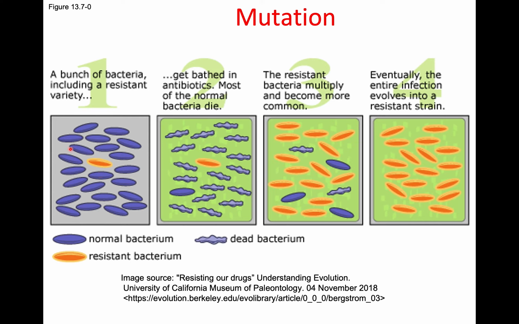If we put this population in a new environment that has antibiotics, over time only the bacteria with the mutation that makes them resistant to the antibiotic are able to survive. So this population of bacteria evolves over time. In this case, you're looking at a combination of two things: mutation and natural selection.